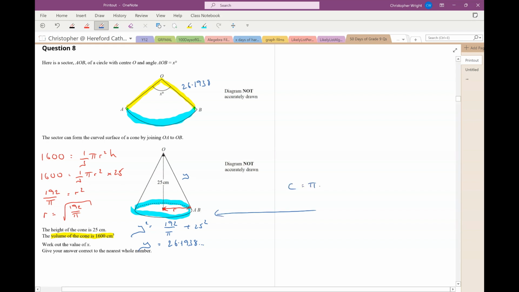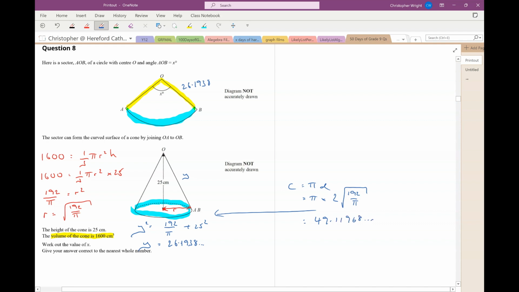C equals pi d. So the circumference is going to be pi times twice r, so pi times 2 times the square root of 192 over pi. I could put a number on that. So it's 192 divided by pi, square root, times by 2, times by pi.